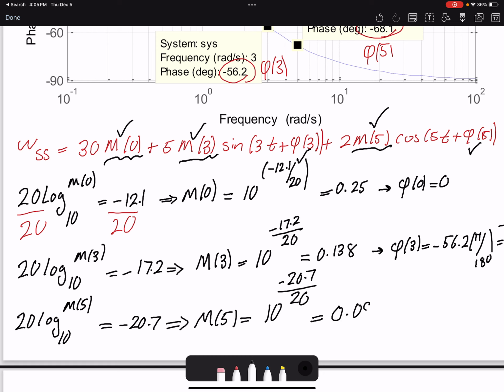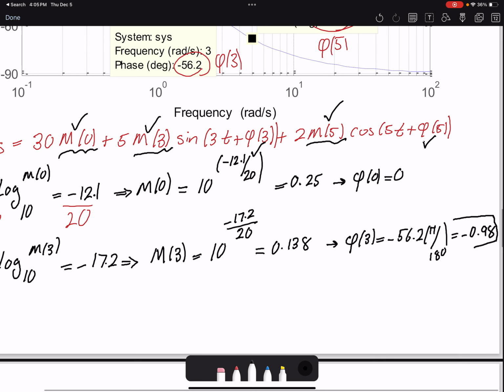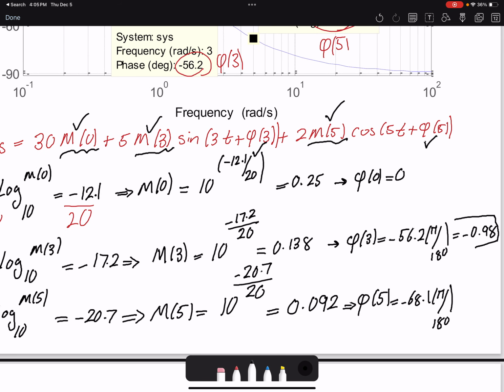The value is 0.092. For the phase change, I have the value negative 68.1 degrees multiplied by pi radians over 180 degrees. That changes it from degrees to radians, and that would give me the value of negative 1.19. So these values that I found are identical to those from the transfer function.